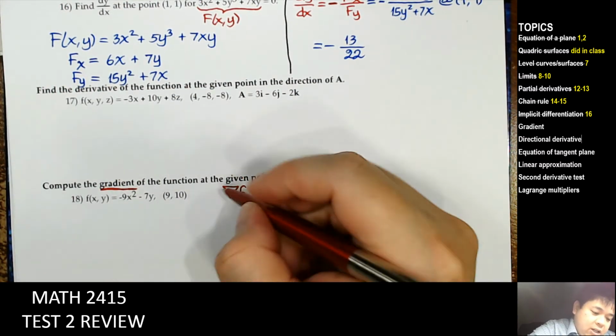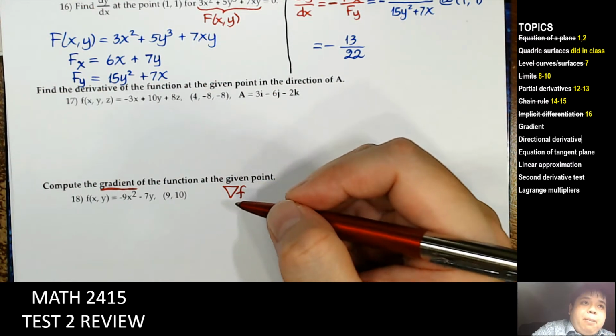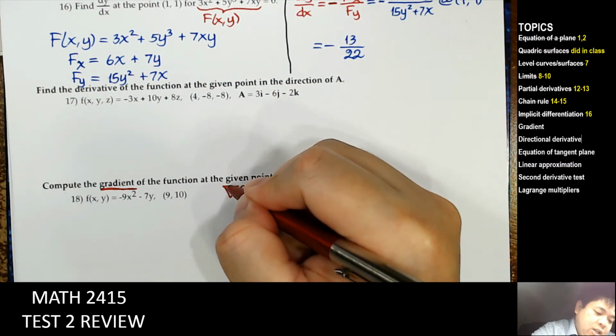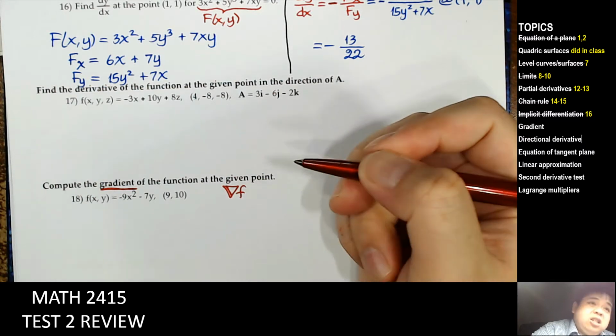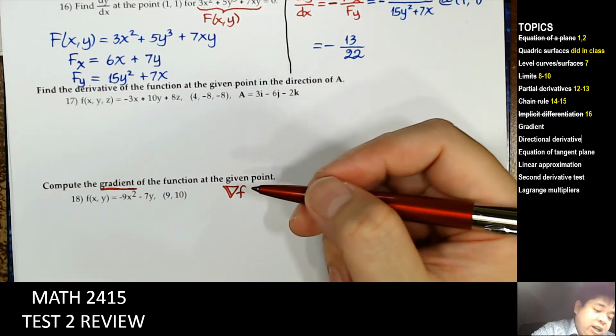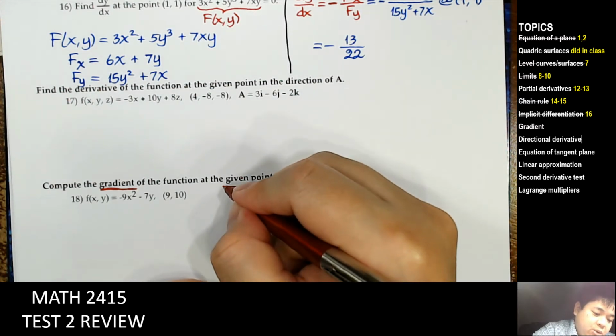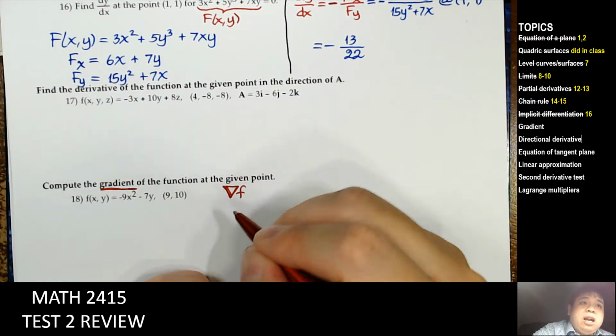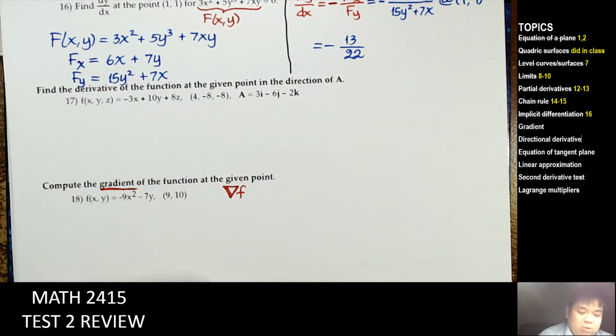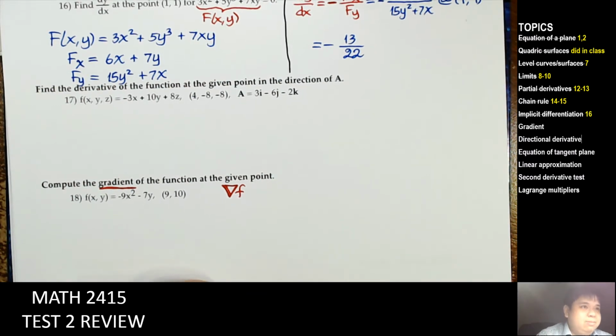It's denoted by del f. Some people used to write this in boldface, just to denote that this is a vector and not a function. It doesn't matter. I'm just going to use the regular upside down triangle f, we call it del f.